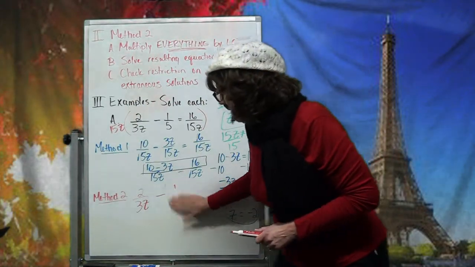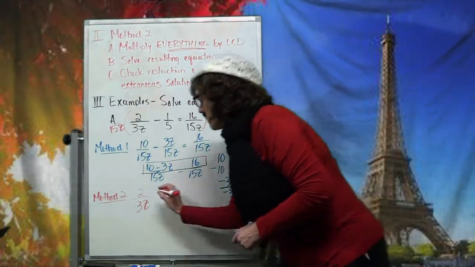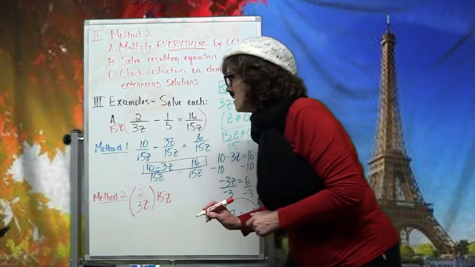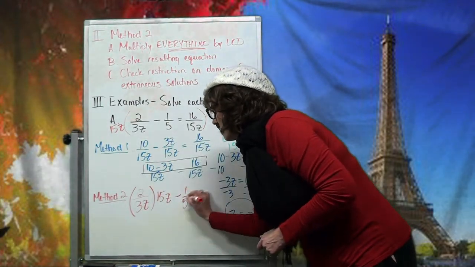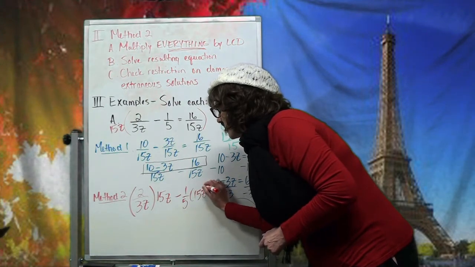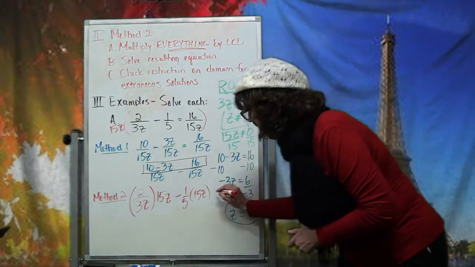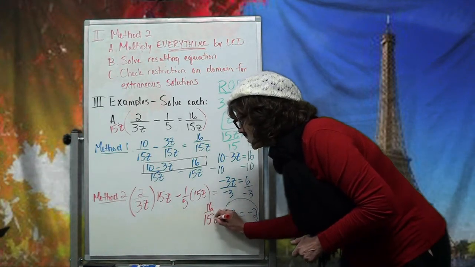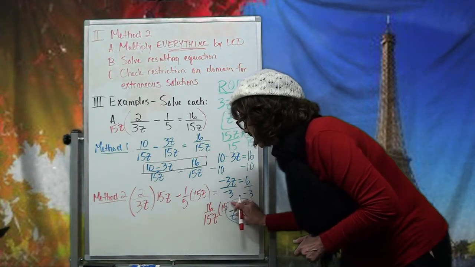But that means every single term will get multiplied by the 15z. So the first term will get multiplied by 15z, the second term will get multiplied by 15z, and finally in the back, my 16 over 15z will also get multiplied by 15z.